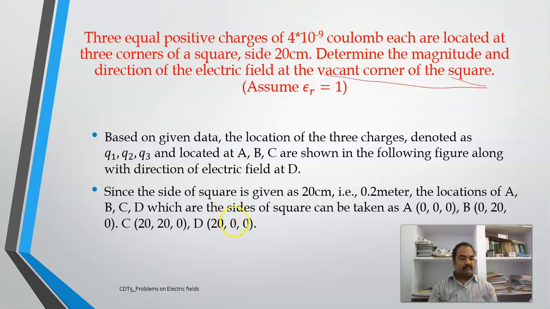So see, there are three charges, and at the vacant corner of the square, you are supposed to determine the field. Now, a square is basically a two-dimensional object, so I will consider the z component as by default 0.